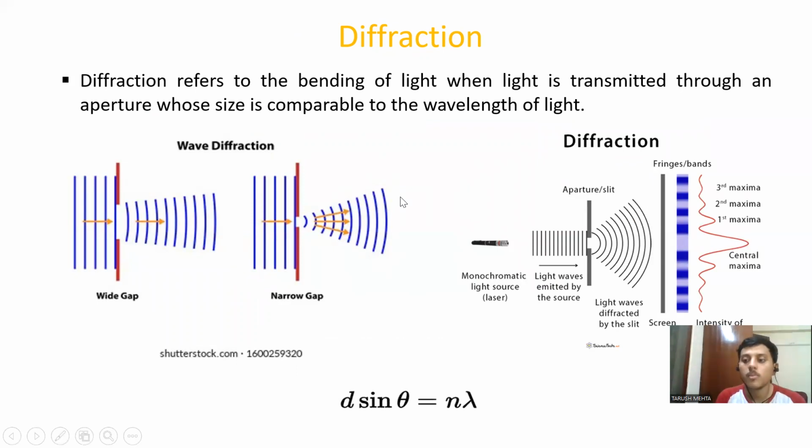Now moving on to a very important phenomenon called diffraction. This diffraction could not be explained using the principles of ray optics. Basically, diffraction refers to the bending of light whenever light is transmitted through an aperture whose size is comparable to the wavelength of light.